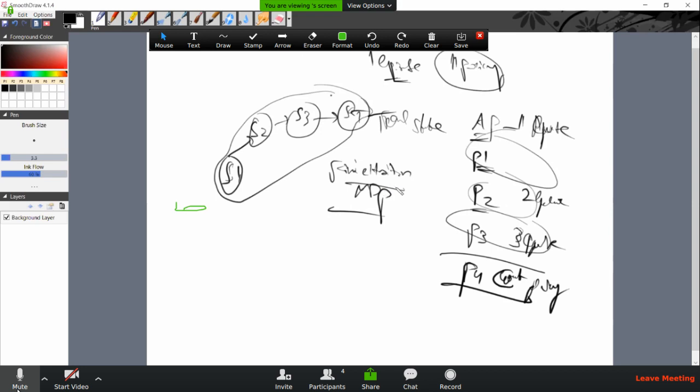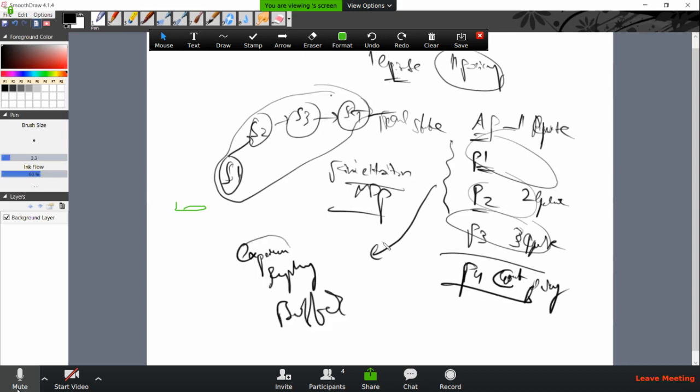What is experience in that thing? So what you will do is store these things in an experience replay buffer. You are storing it here.